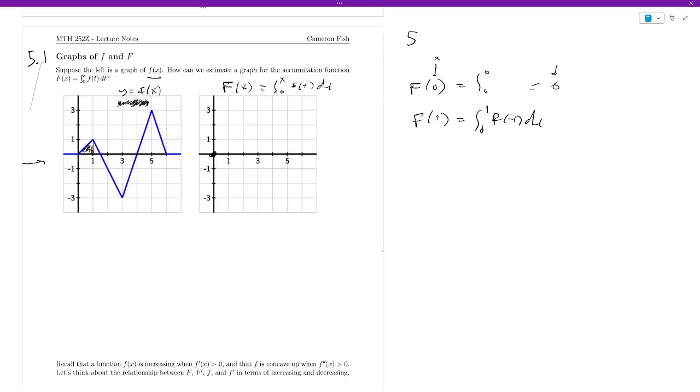I can actually find what that area is just from geometry. This is a unit square, side length 1. So the area of the whole square is 1, and this triangle is half that area. So that area is 1/2. You could also do 1/2 base times height. So I know that when the input is 1, the output is going to be 1/2. So I'm going to get this point right here.